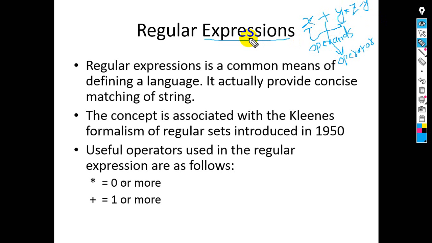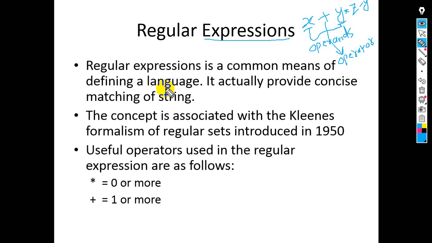Next, regular. What is a regular expression? A regular expression is a common means of defining a language. In language definition, we have different ways to define a language. First was the descriptive definition of language, in which we describe the condition or statement on the basis of which we make a language in theory of automata.